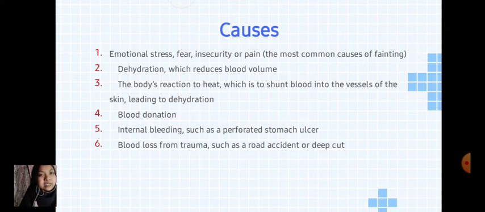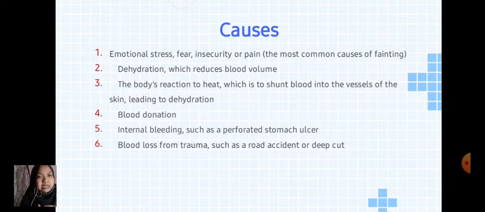And next is dehydration, which reduces blood volume, and then the body's reaction to heat, which is to send blood into the vessels of the skin, leading to dehydration.